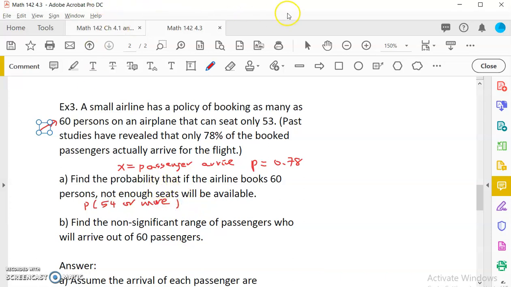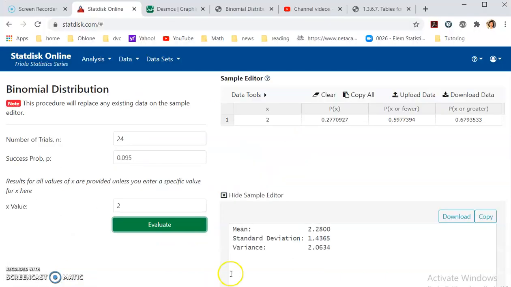So I will go to stat. It is 60 that I book, and then 0.78. I want 54, not exactly 54, but it's not enough if I have 54 or more. Any of these would not be enough seats. It's not 53, because if 53 arrive, we are exactly okay.